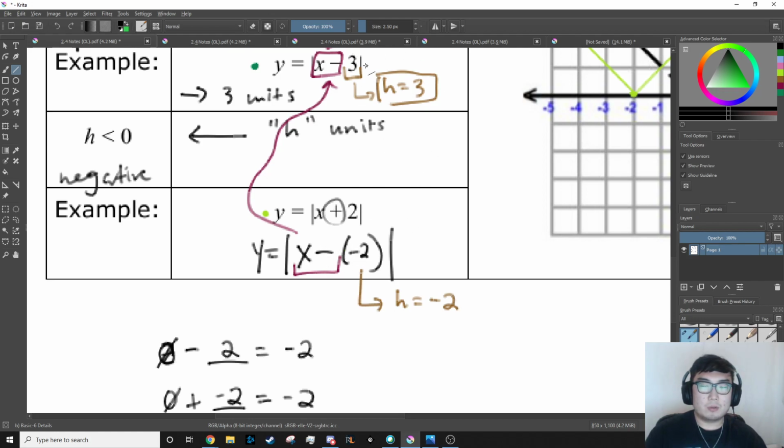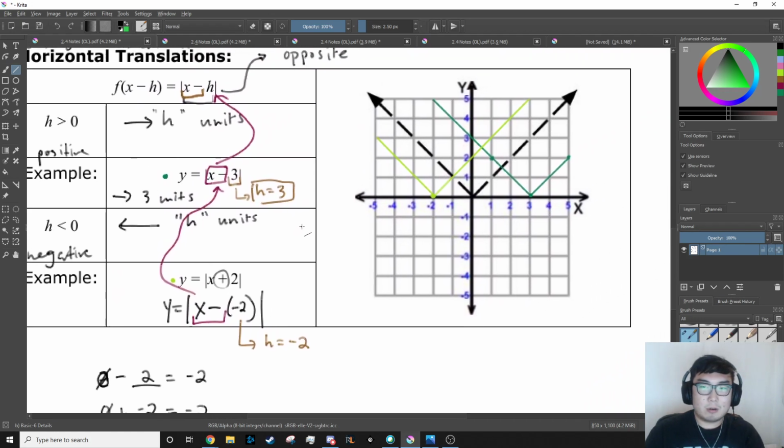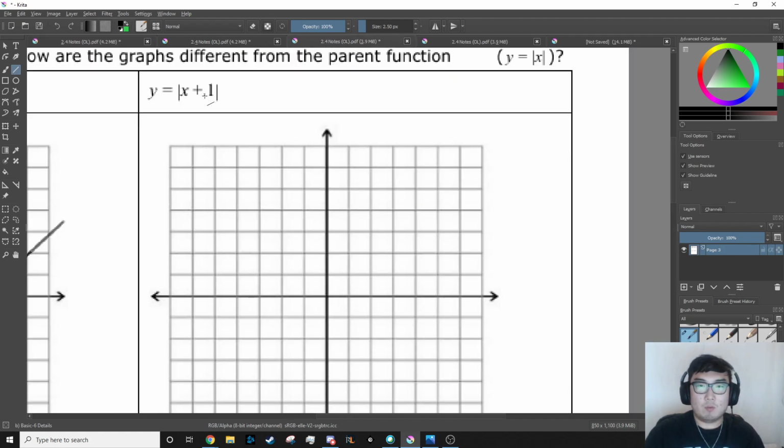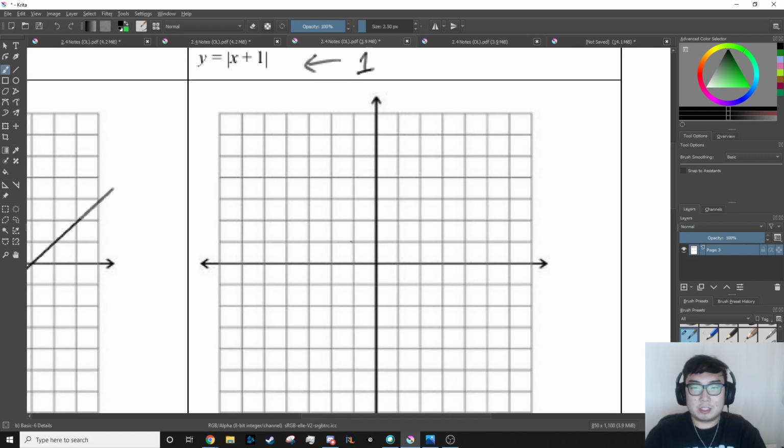So do I go to the left or to the right 2? According to this, it looked like I went to the left, or towards the negative direction, by the same amount of units, 2. So if I have 1, that must mean I'm going to the left 1 unit, which will look like this.